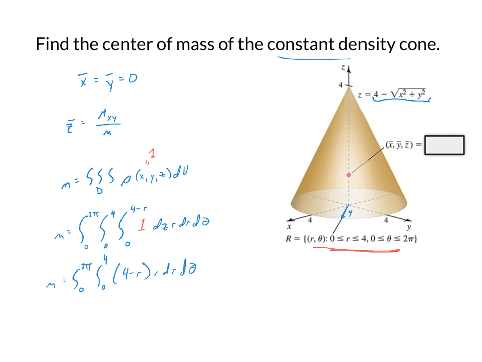I'm not going to go through the entire rest of this integration. You would distribute, take the antiderivative, and then it becomes calculator work. But what you should end up with is 64 pi over 3 for the mass integral. So my mass is 64 pi thirds.